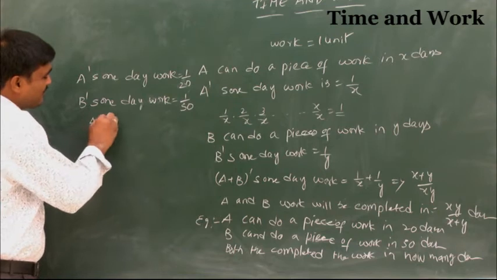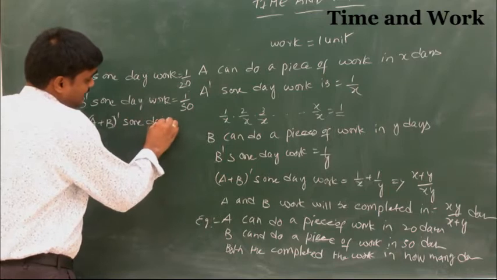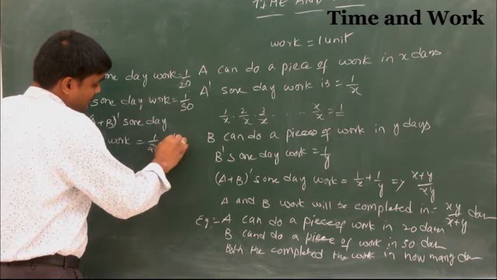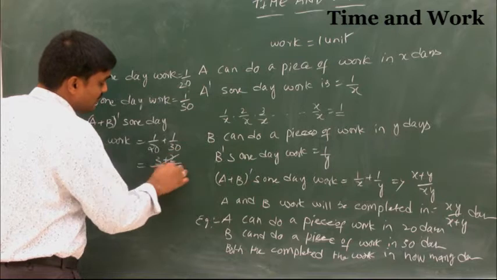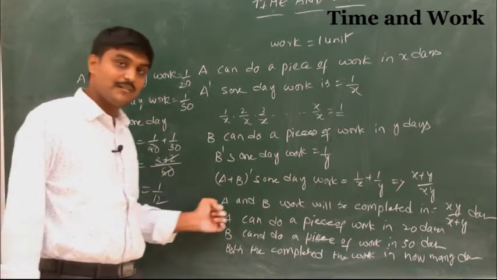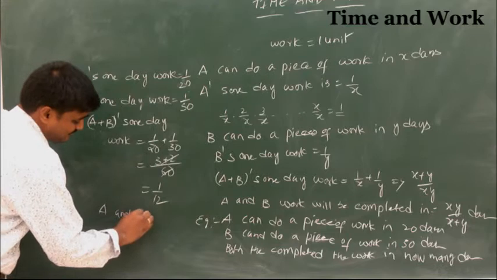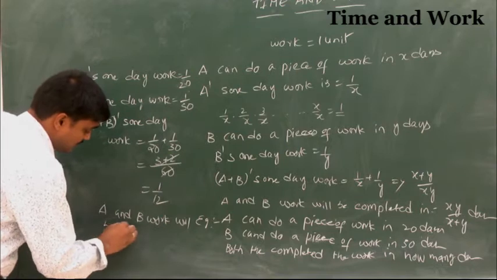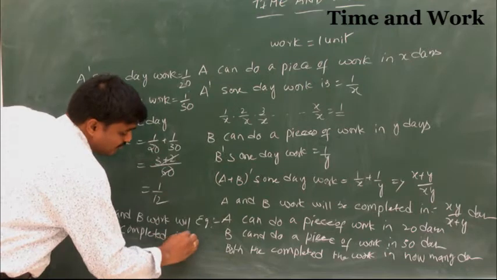So A plus B's 1 day work is 1 by 20 plus 1 by 30. So LCM is 60. 3s are 3, 2s are 2. So that means A and B's 1 by 12 part of the work will complete in 1 day. So A and B work will be complete in 12 days.